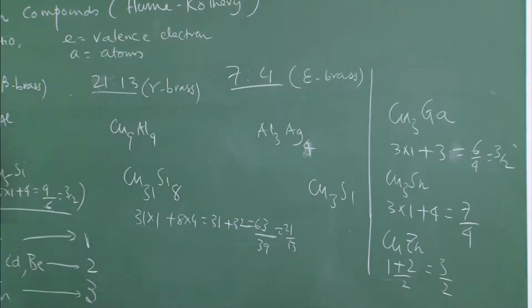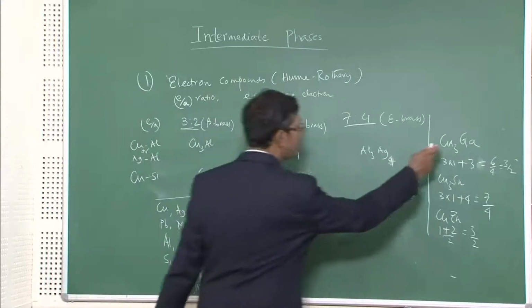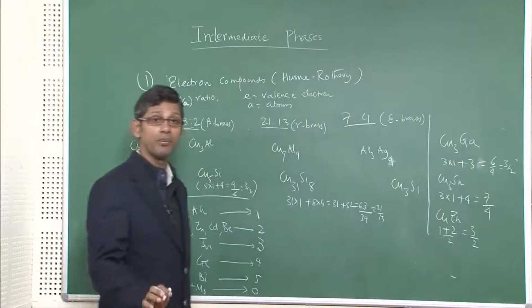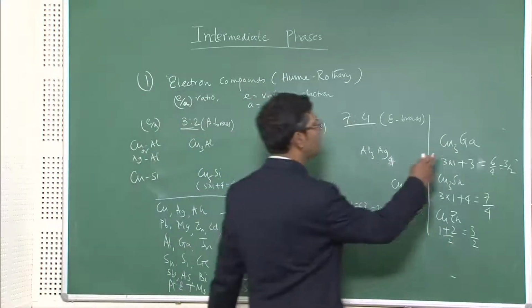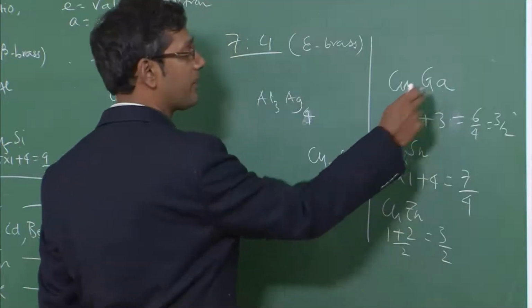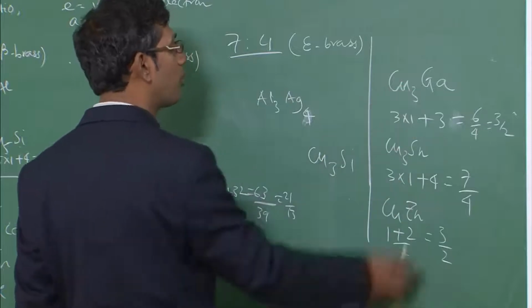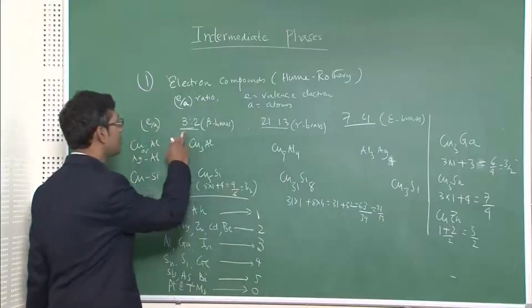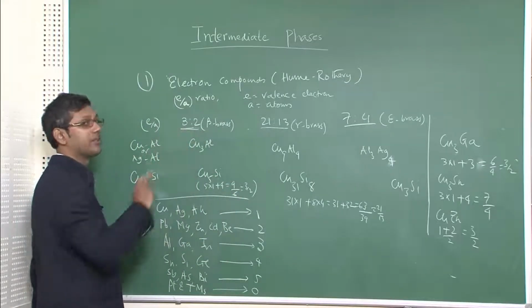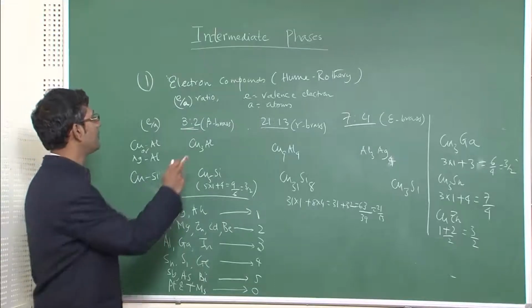So these two, Cu3Ga and CuZn, have different compositions. You can see one is 75% copper, 25% gallium, the other one is 50-50 composition, but both of them are of the same type, 3 by 2 type, that means they have a BCC unit cell with beta brass structure.